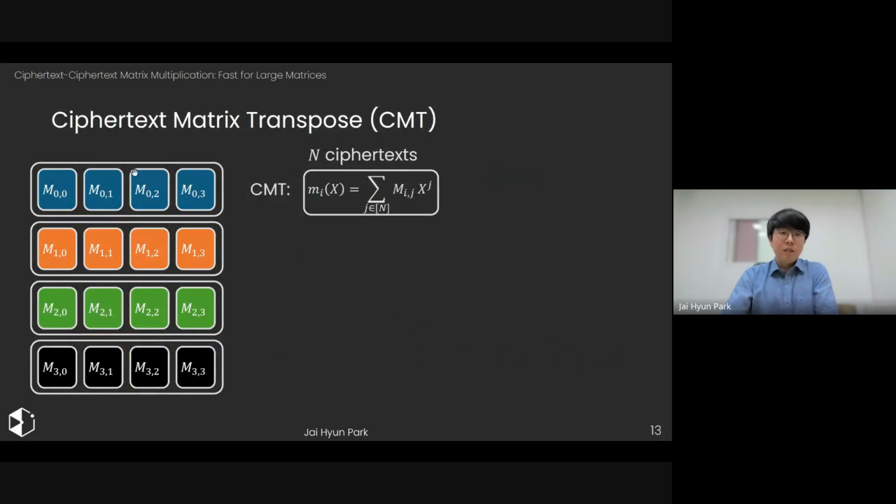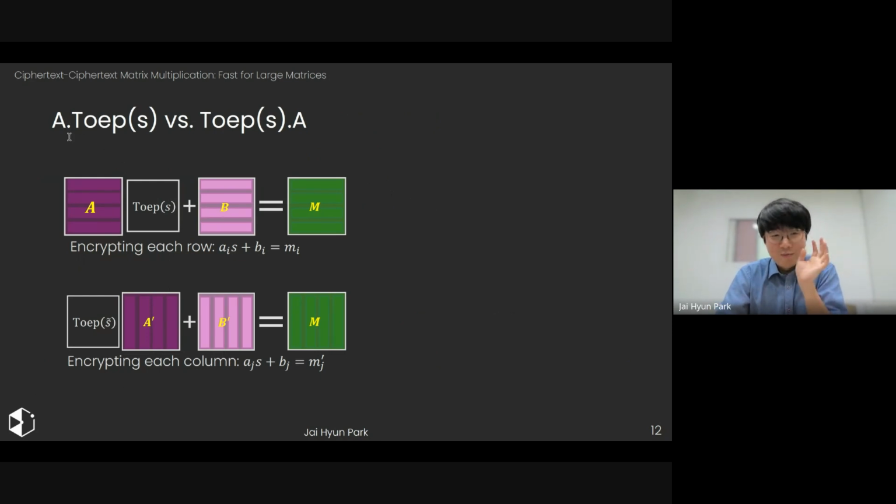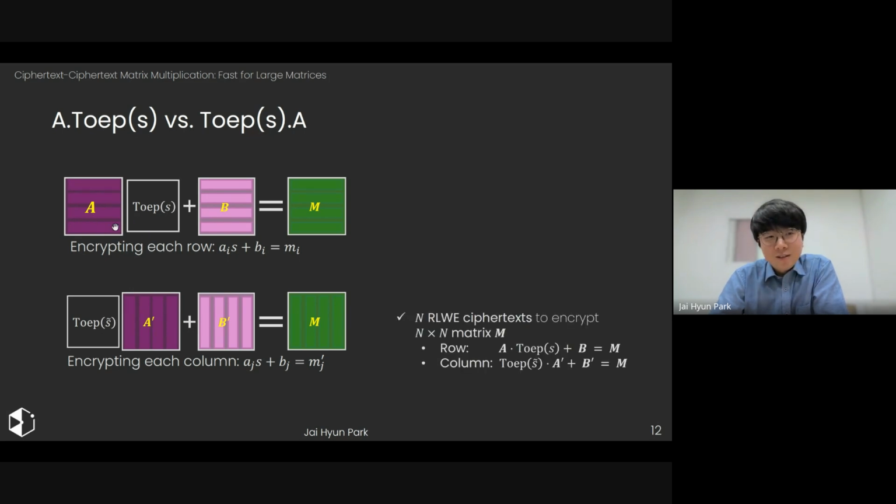So what is ciphertext matrix transpose? Let me briefly sum up. We want to swap the order of the Toeplitz matrix and the random matrix. A times Toeplitz S corresponds to row-wise encryption, and Toeplitz S times A prime corresponds to column-wise encryption.